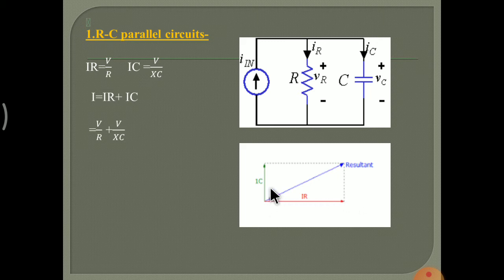Then draw the IC line vertical, leading V by 90 degrees. Then draw the projection from IC and IR, and we get a resultant line, that is IT or the resultant current I.